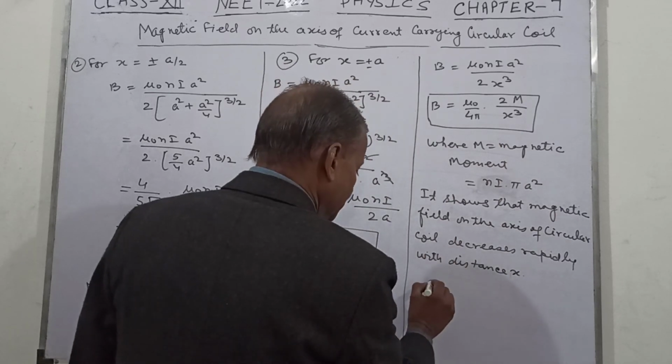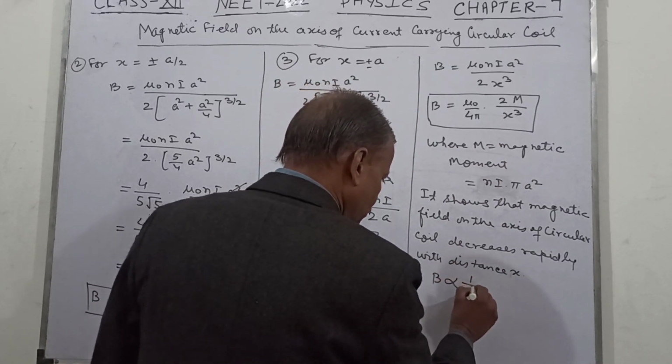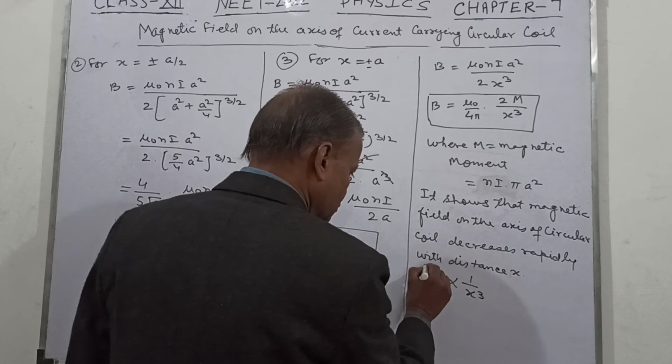So what we have is B proportional to 1 upon x cube.